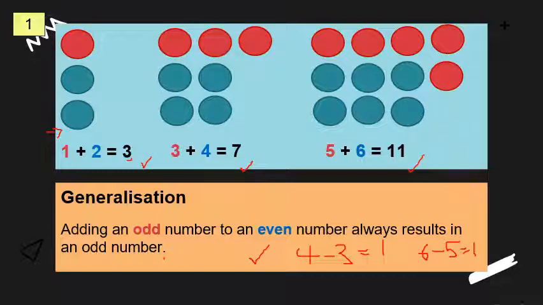Likewise, I could say subtracting an even number from an odd number always results in an odd number. 3 minus 4 equals -1. 5 minus 6 also equals -1. There you go. All those numbers are nice and closely related. Now, there's actually more generalizations I could make about these number sentences and other numbers, but that's just an underlying pattern or property of our mathematical number system.